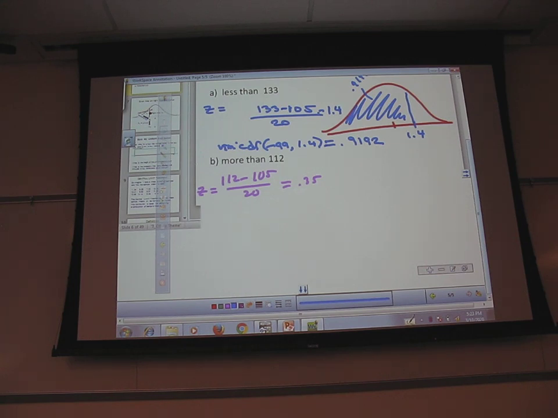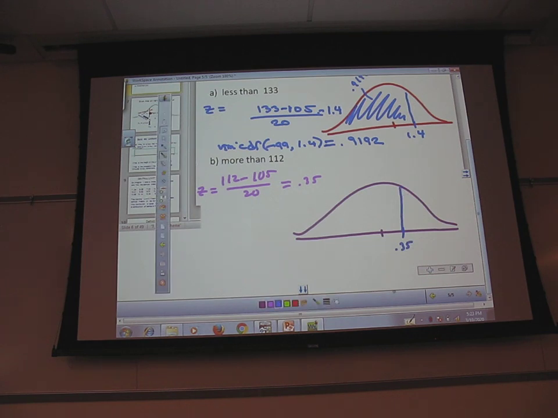When you draw a picture, and you will need to draw a picture, these are the steps I need you to do. Give me your hill and your ground and a little tiny mark where the middle is. Just a small mark. Then, where's 0.35? It's somewhere on the right. Do I want to shade to the right or the left of this? More than, to the right.